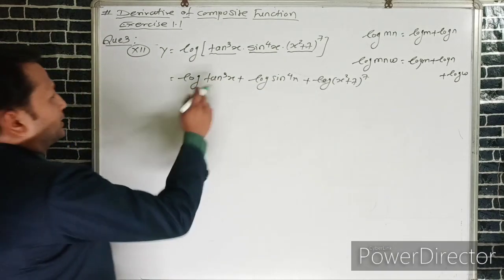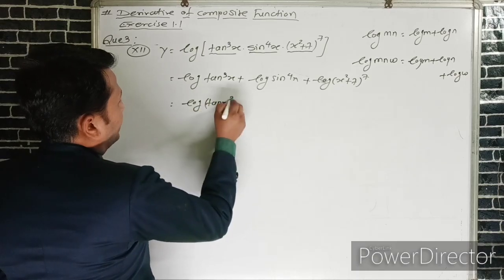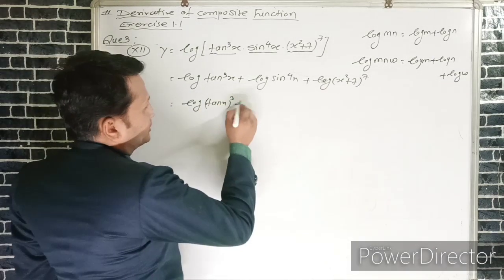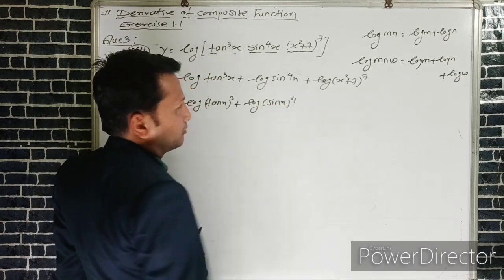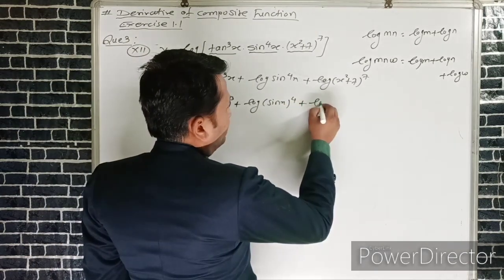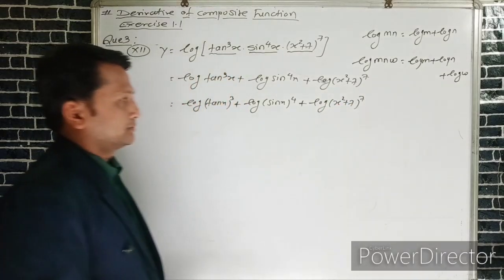This function we can also write as log of (tan x) whole cube plus log of (sin x) whole raised to the power 4 plus log of (x squared plus 7) whole raised to the power 7.